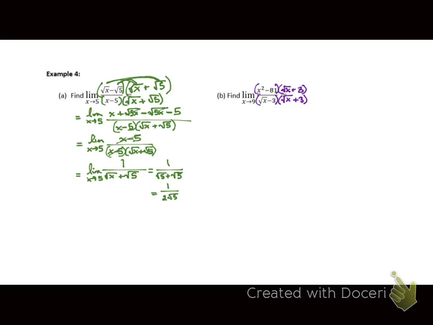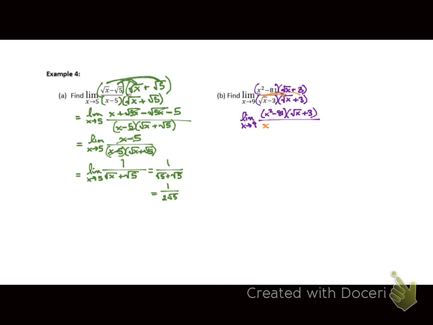Okay, so the numerator, again, you don't have to multiply that out, right? We're just going to write it again because that's not the one that we use the conjugate for. It's the denominator that we're using conjugate for. So we have square root of x times the square root of x is x.